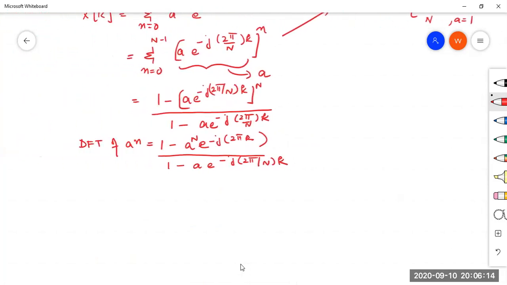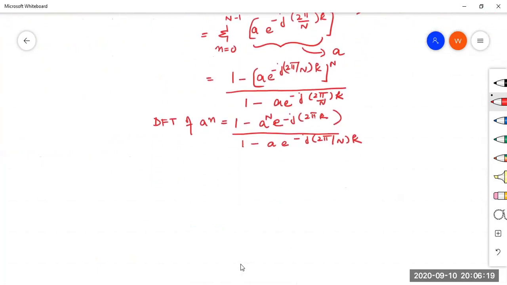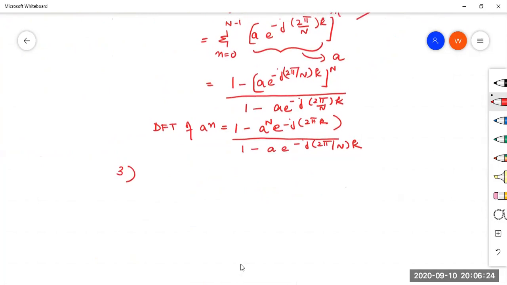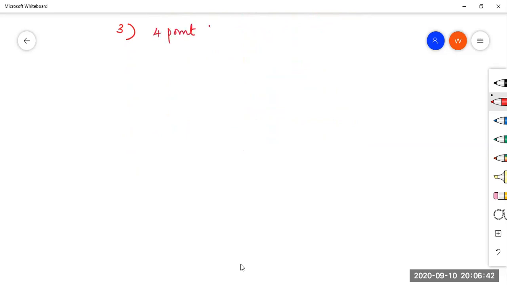And I will say one third example. Find the 4-point DFT of x of n, which is 1, minus 1, 2, minus 2.